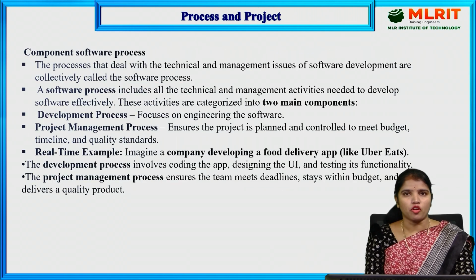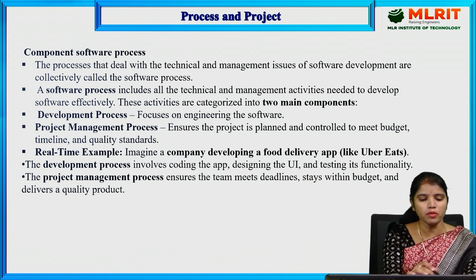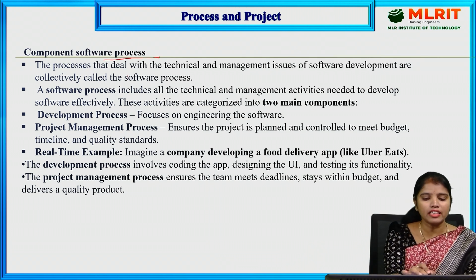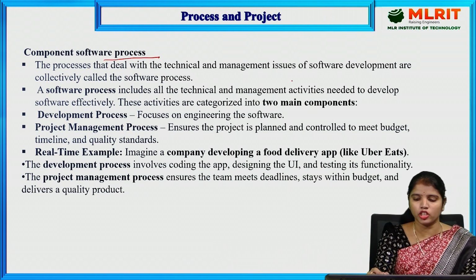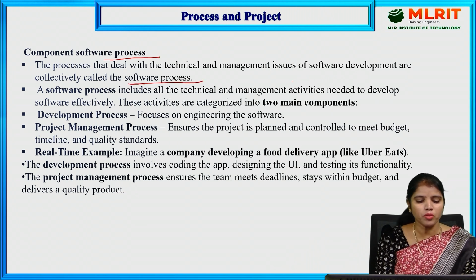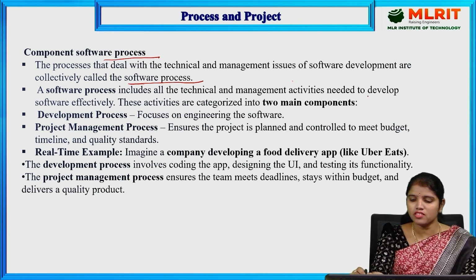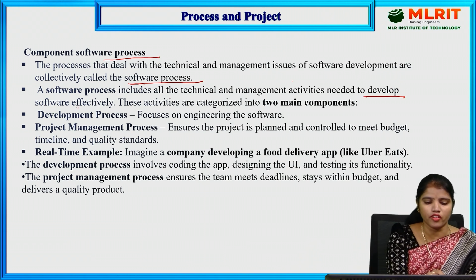Components of software process. Now we are going to discuss what the components of the software process are. The process that deals with the technical and management issues of software development is collectively called the software process. A software process includes all the technical and management activities needed to develop software effectively.